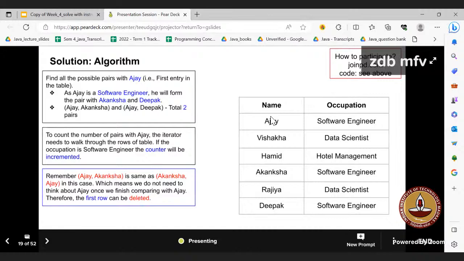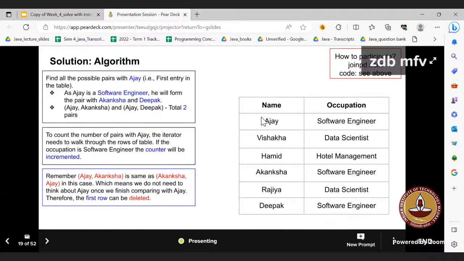Okay, once you have fixed Ajay and you have compared the Ajay name with every other employee, then we need not worry about the Akanksha Ajay pair, because the Ajay and Akanksha pair you have already got in the first iteration itself.